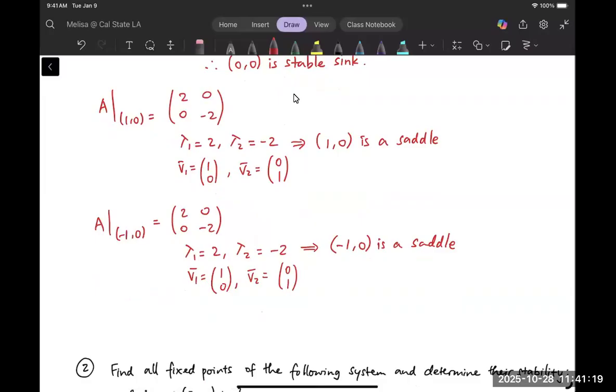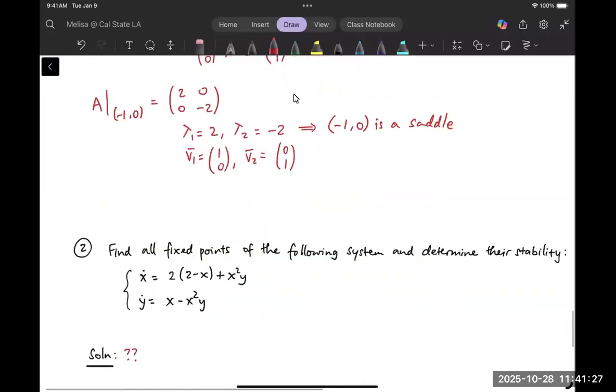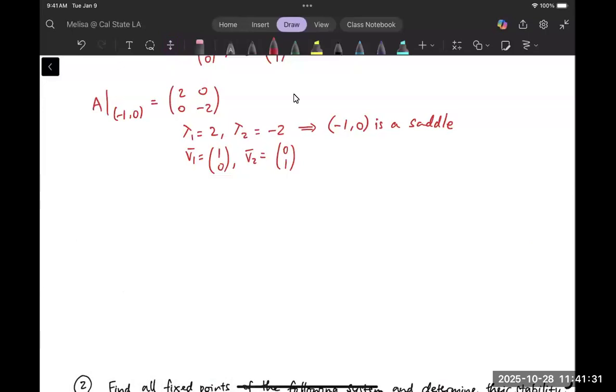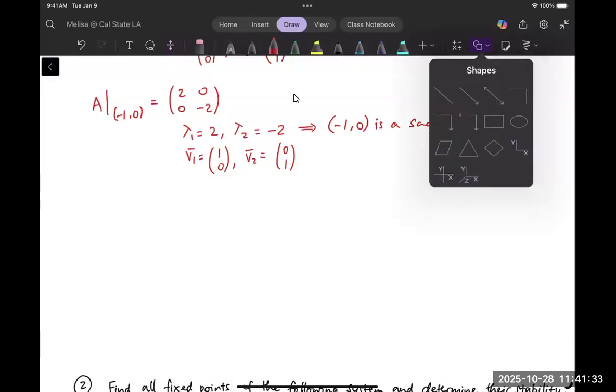All right, so now we want to combine all of these 3 fixed points and then sketch the phase portrait.